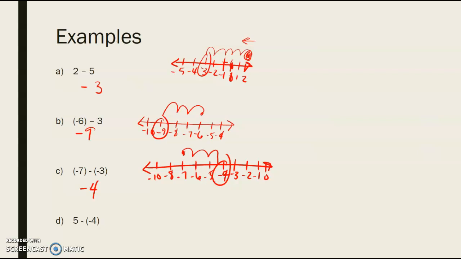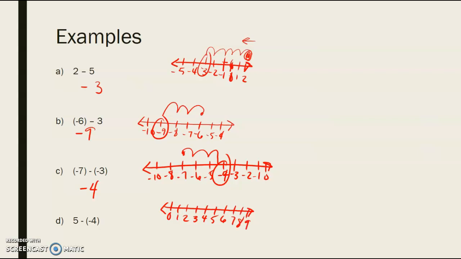And then when we do 5, starting at 5, we're going to go 0, 1, 2, 3, 4, 5, 6, 7, 8, 9.